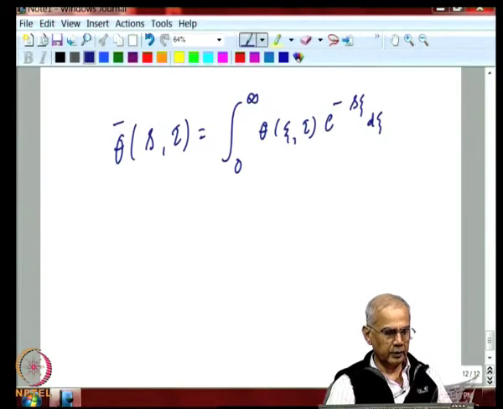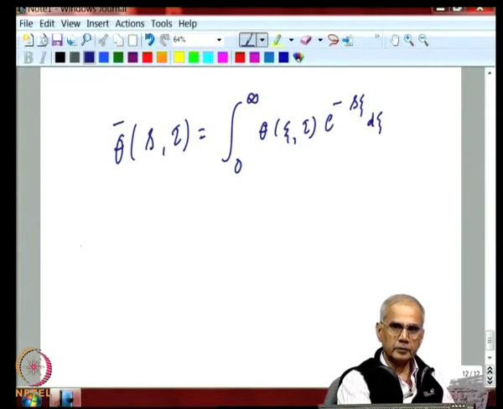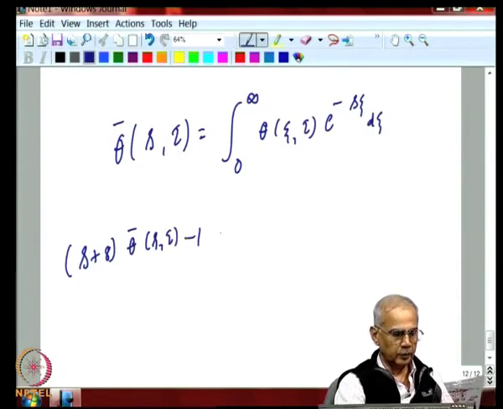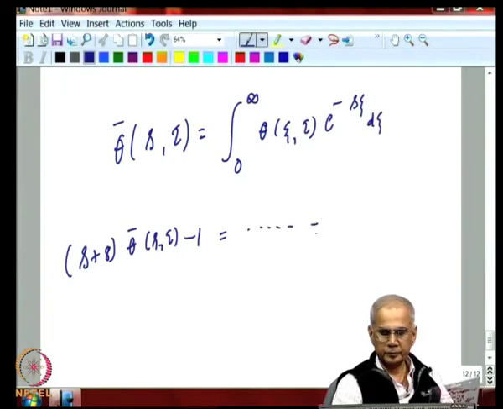When you do that here and substitute into the equation, you will get the following equation: s plus 8 theta bar of s and tau minus 1, that is from the derivative term, and the right hand side will essentially be the same, nothing will change.